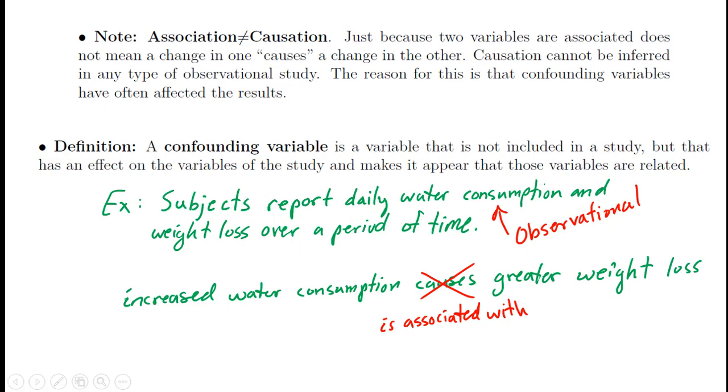And of course, the reason we can't know that is because of confounding variables. A confounding variable is simply a variable that is not included in the study, but that has some sort of effect on the variables of the study. So, some possible confounding variables here. Well, I'd encourage you to pause for a moment and try to think of some.